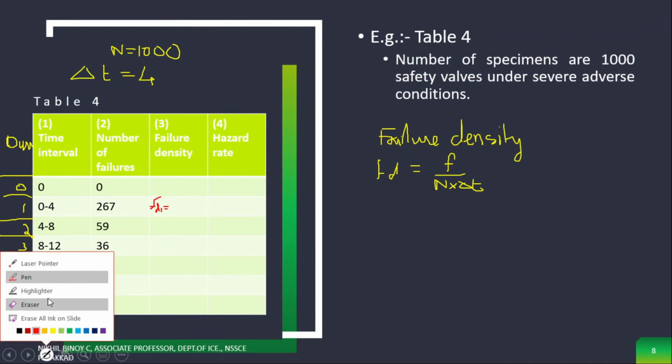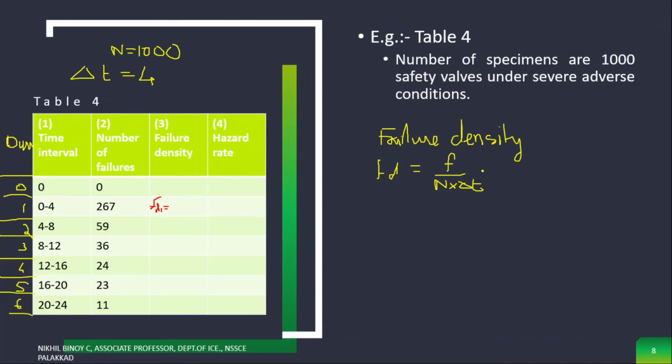So FD1 is equal to 267 divided by 1000 into 4.